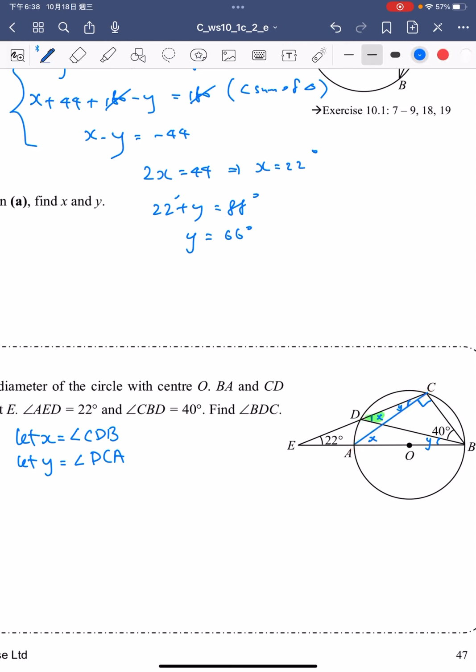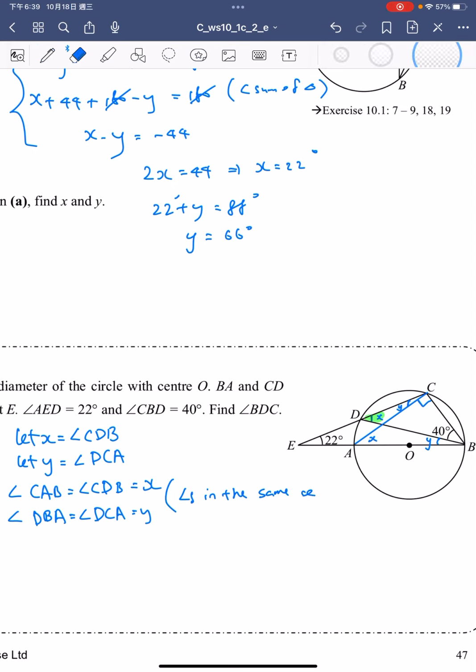So now we can use our angles in the same segment, and we can say that the angle of CAB is equal to angle of CDB, which is equal to x, and then we have the angle of DBA is equal to the angle of DCA, which is equal to y. So both of them are using the angles in the same segment. So now we can combine them.